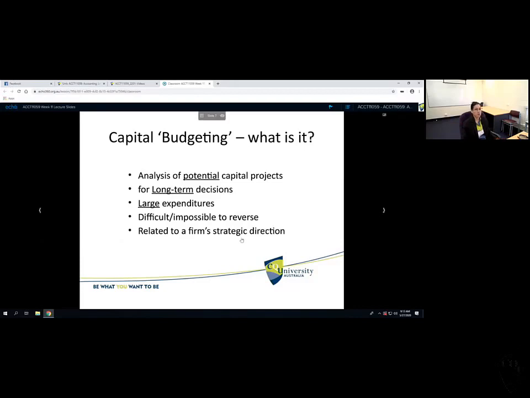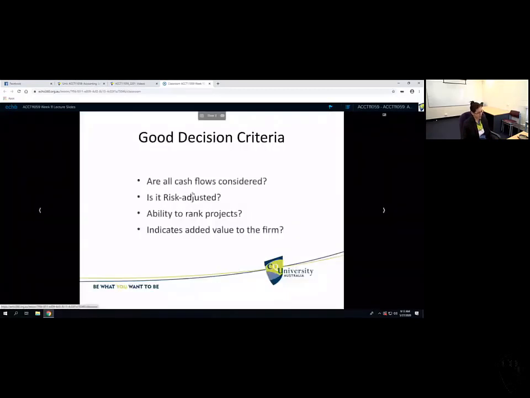Okay, so let's just assume we've got potential investments that align with our business needs, with our personal needs. Businesses generally agree on some basic criteria that are considered to be good decision criteria, okay? And so here they are. These are just the very basic general good decision criteria.